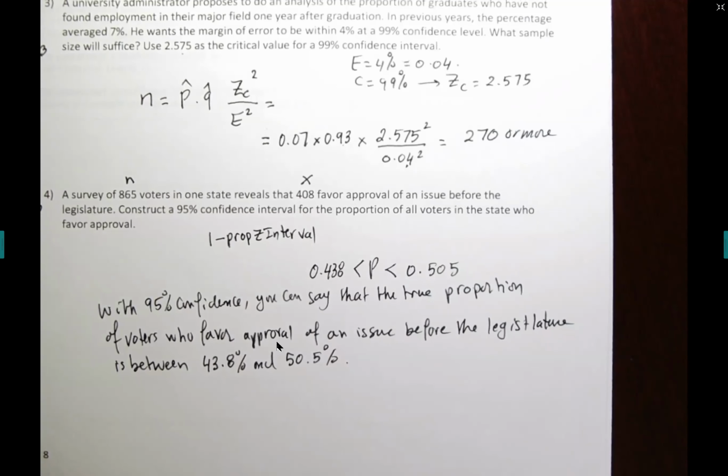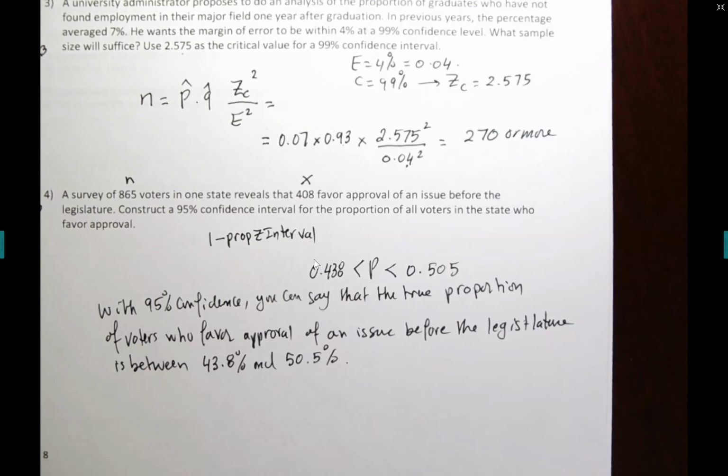But if your interval was, let's say, 50.5% to 57.5%, then you can make a conclusion that it's going to be a majority. But with this one, it is possible that it's not, because the interval has minority and majority figures in there. All right, guys, so this is number 4.